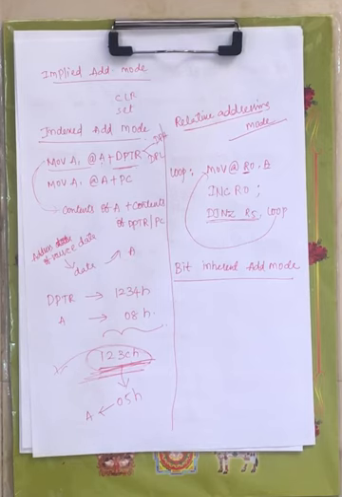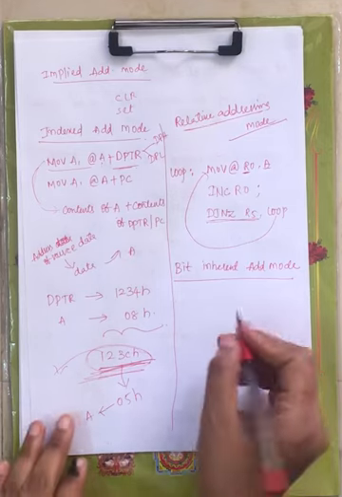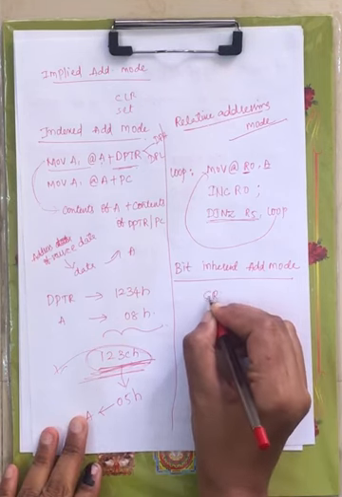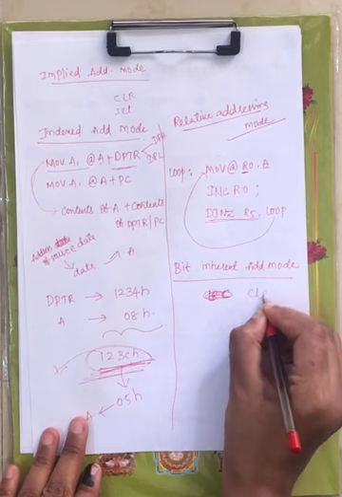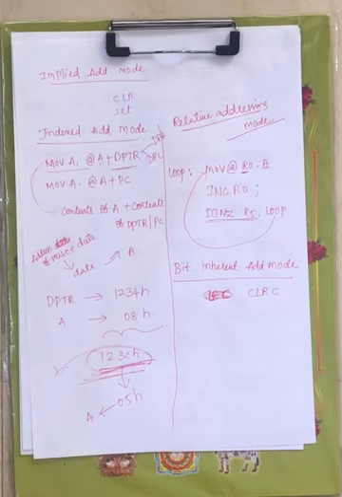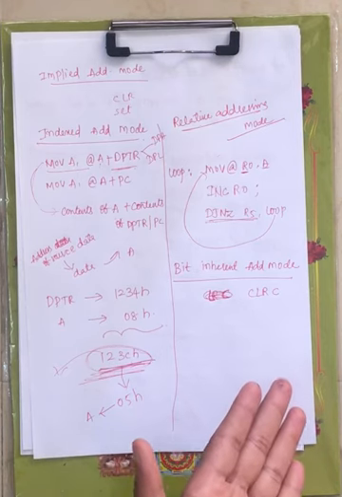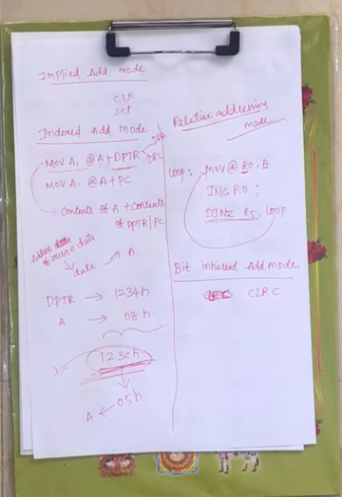Now, in order to clear or set, I will give an example. CLR C, right? What it will do is clear the carry flag. When it is 1, it will clear to 0. This particular instruction is used to clear the carry flag, right?